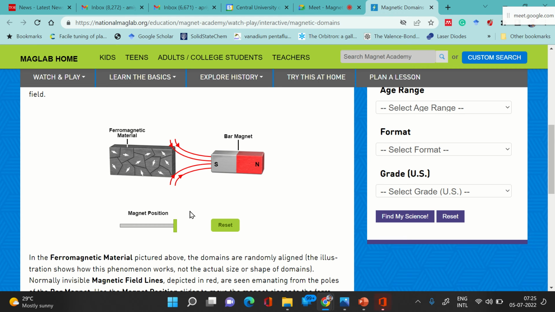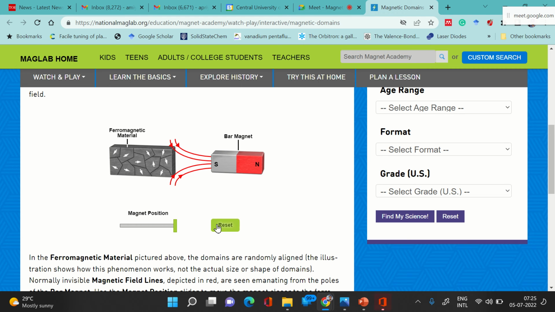So what happens? When I bring the magnet closer to this ferromagnetic material, you will see a change. Let me reset.